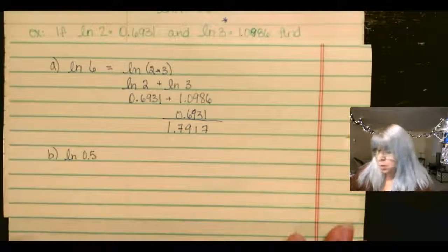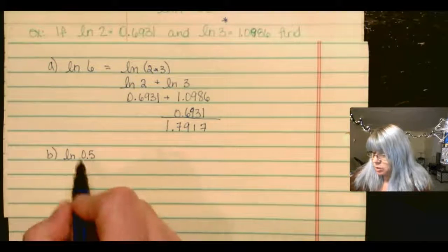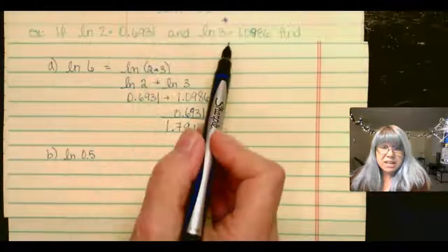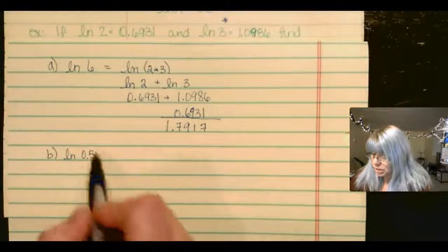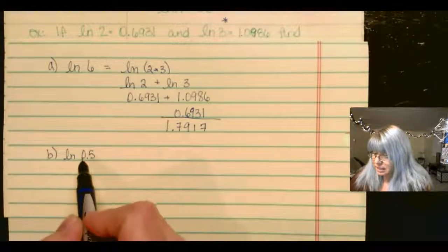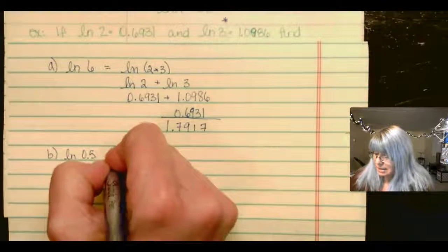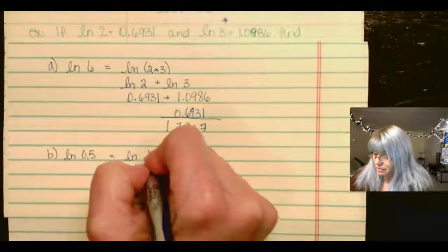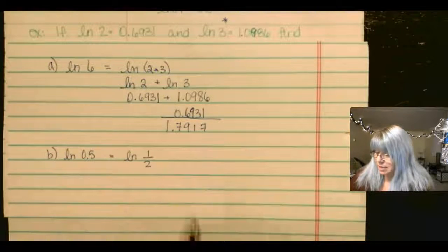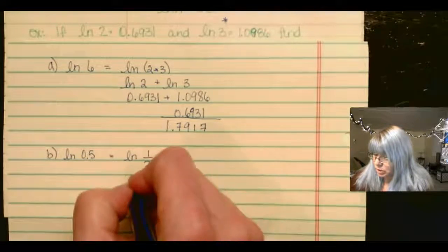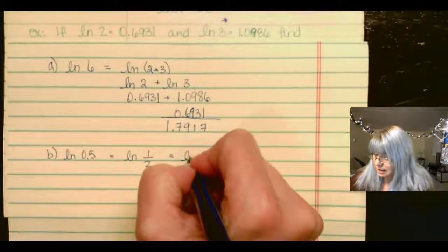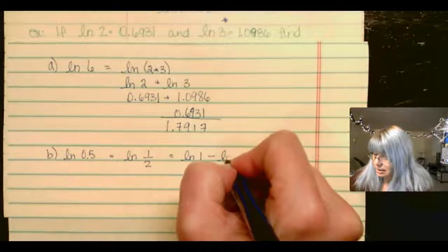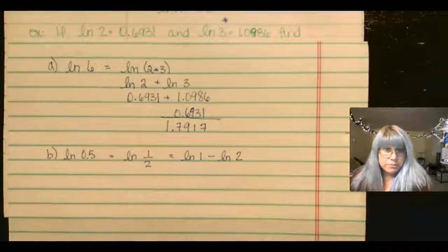All right, let's try another problem. The ln of 0.5. Now, it may not look like the information we've been given is very helpful, but I can rewrite the ln of 0.5 as the ln of 1/2. And the ln of 1/2 I can rewrite as the ln of 1 minus the ln of 2.